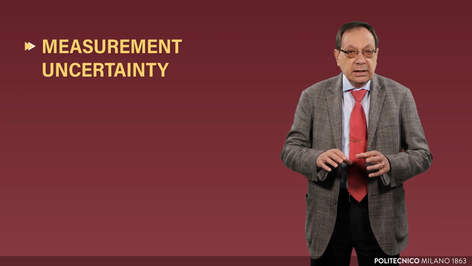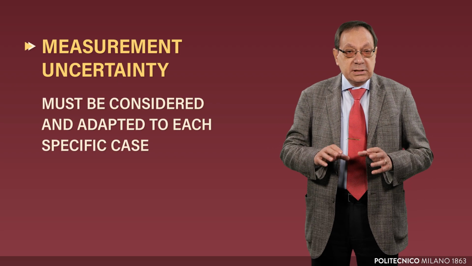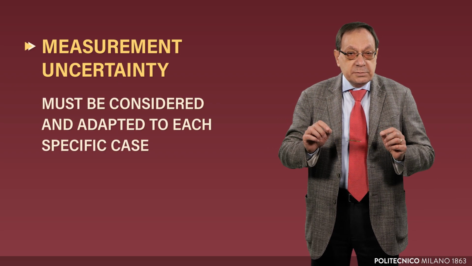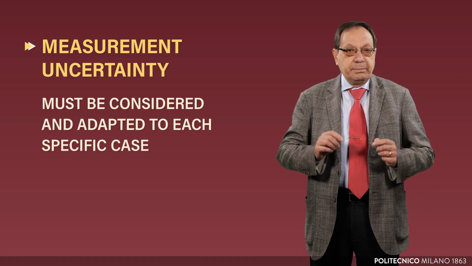This clarification is important because it helps us understand that the evaluation of measurement uncertainty is not a routine activity, but one that must be considered and adapted to each specific case based on experience gained through practice.